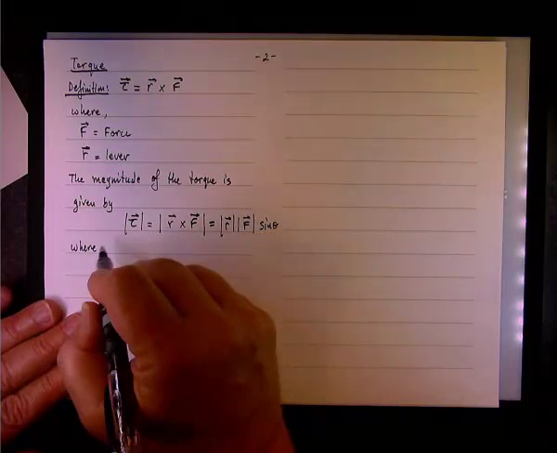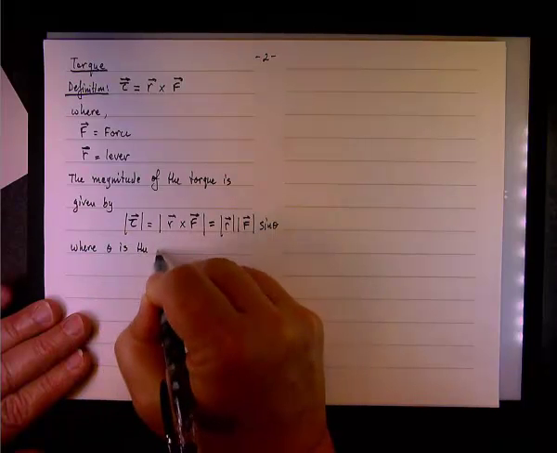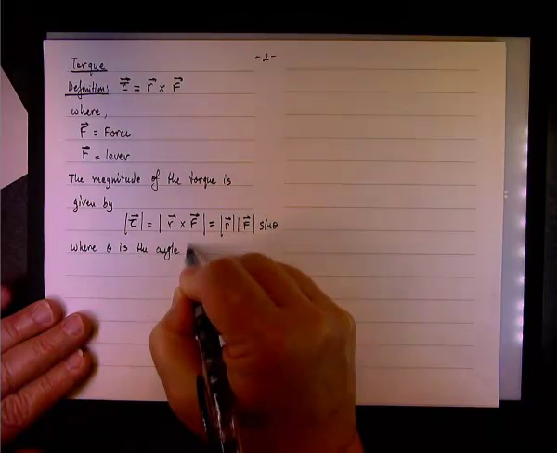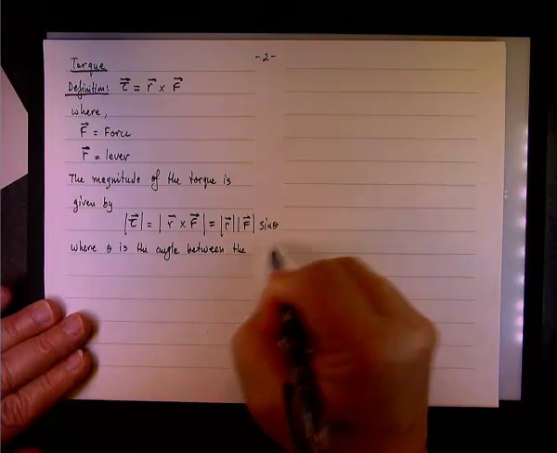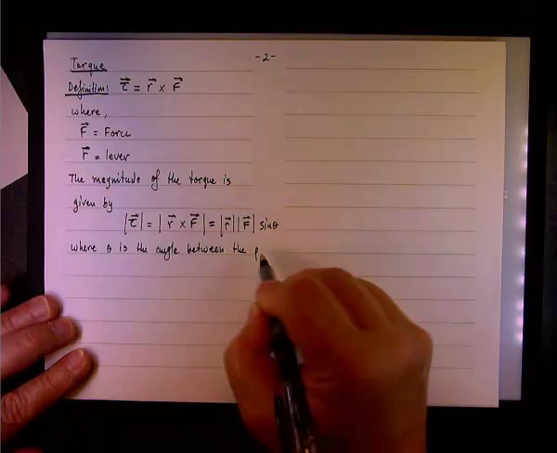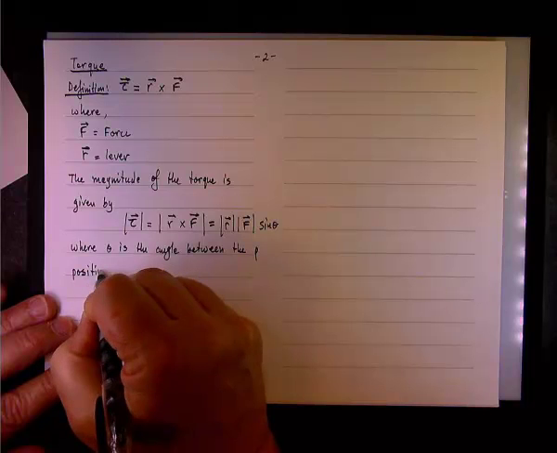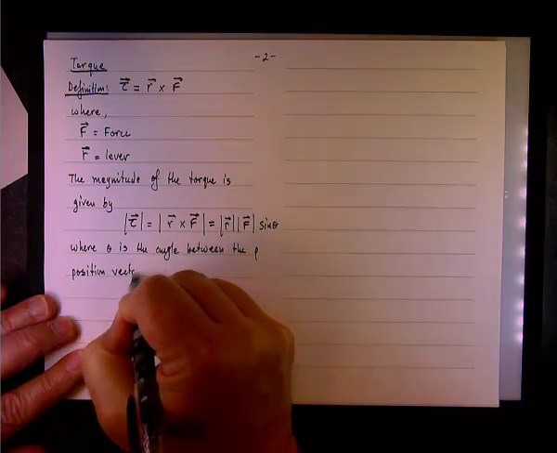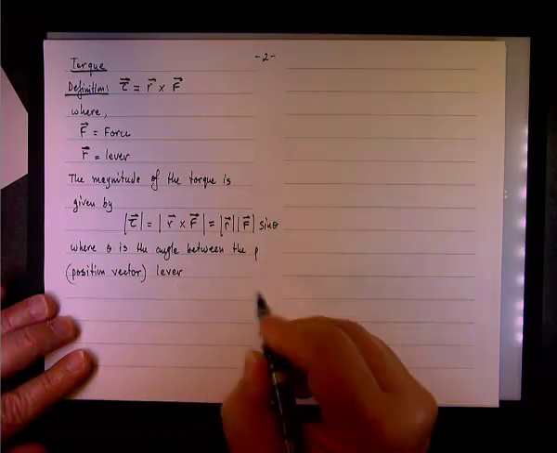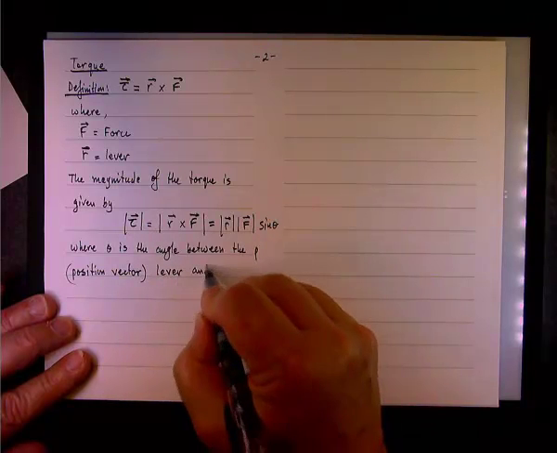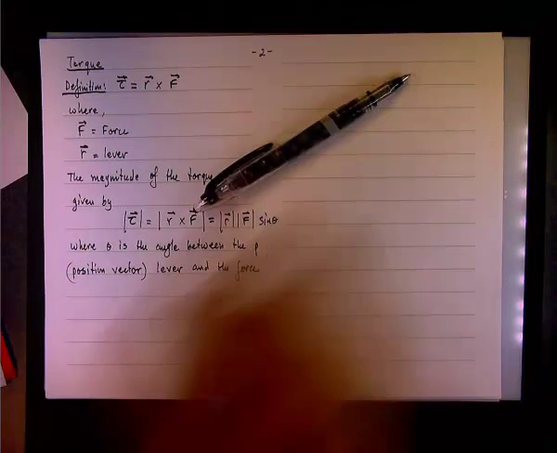The book calls the lever a position vector. I can go along with that. We write the position vector, I put it in parentheses, and I use the word lever.